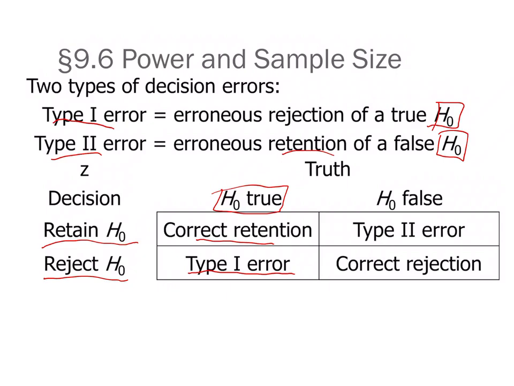We had an alpha level of 0.05 and a p-value of 0.001, so we reject the null hypothesis. Well, on face value, we are correct. However, we aren't necessarily correct, and what we're saying is that it could be a type 1 error. When you reject a true null hypothesis, you can have a type 1 error.